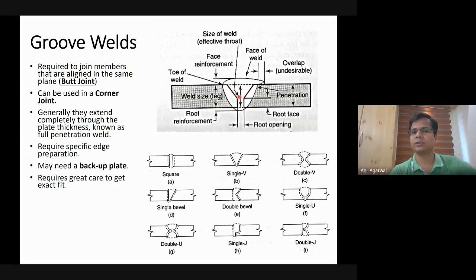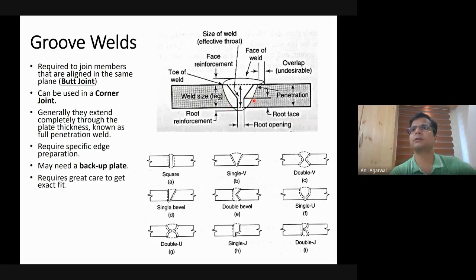Then you have to do the surface preparation, which is a V surface or U surface or bevel, whatever you want to make. That takes extra money, extra time, extra effort. Then the third thing is you may have to make special arrangements again to make sure that the material does not flow away. So if the gap, that root opening marked here, is a little bit too large, and there is a fear that the filler material will flow away, then you have to provide some kind of a backup plate.